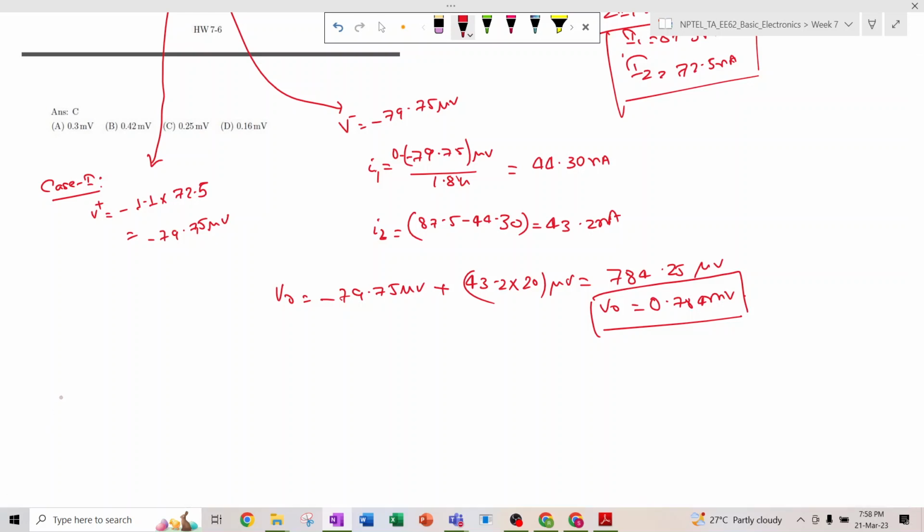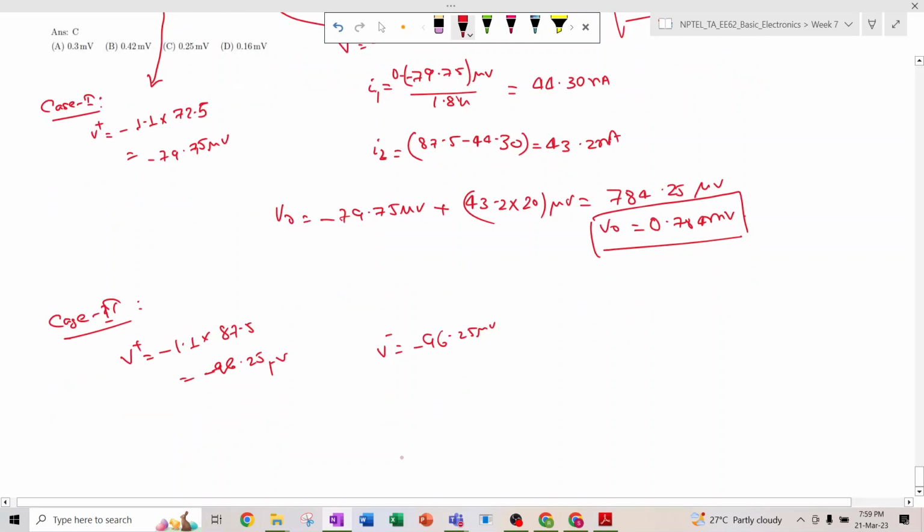In case 2, let's find what the result is. So V plus will be like that only, 1.1 into 87.5, that is minus 96.25 microvolt, right? So V minus will be the same thing, minus 96.25 microvolt.